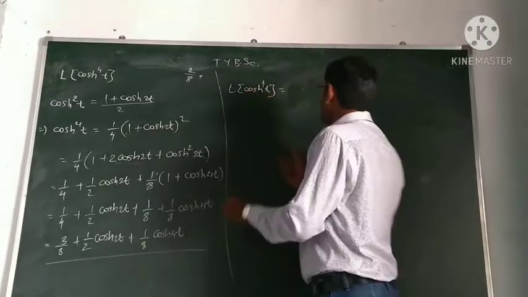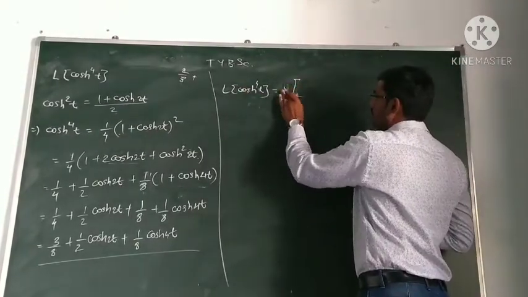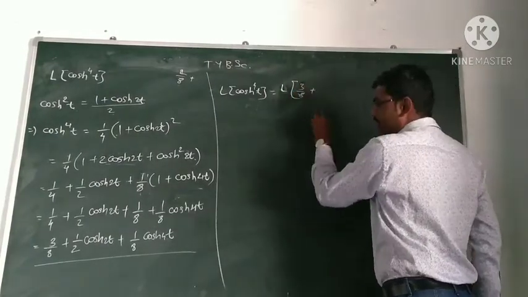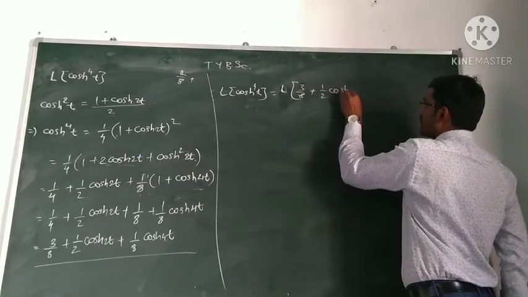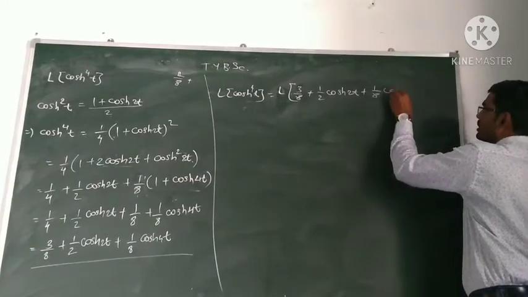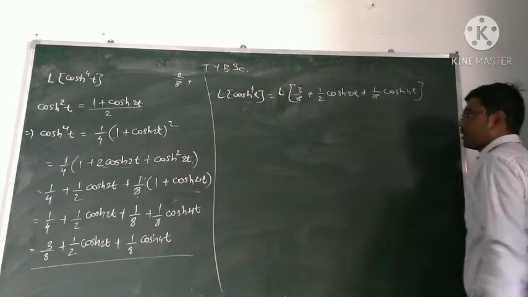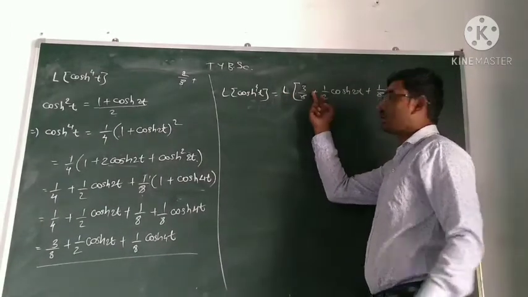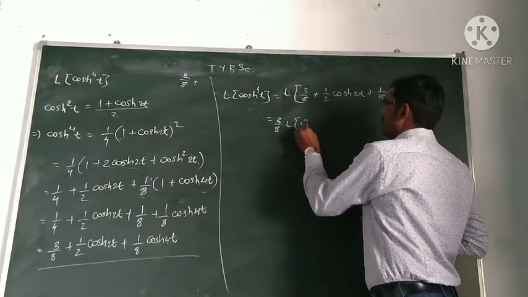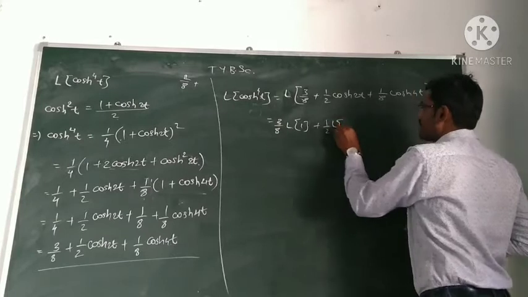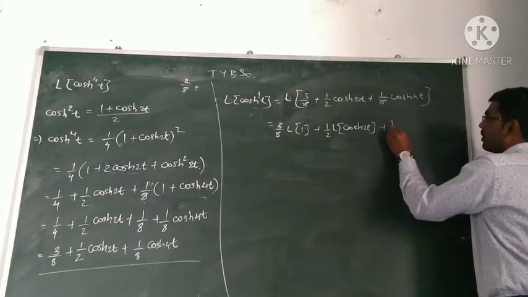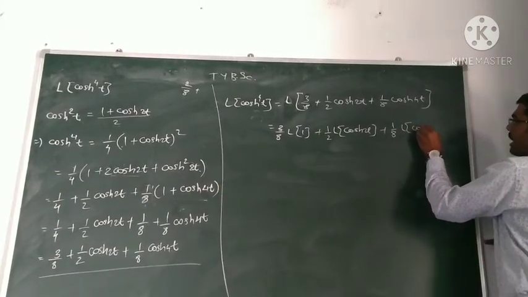The Laplace transform of this whole term, which is 3 by 8 plus 1 by 2 cosh 2t plus 1 by 8 cosh 4t. Now 3 by 8 is a constant, so this is equal to 3 by 8 into the Laplace transform of 1, plus 1 by 2 as it is into the Laplace transform of cosh 2t, plus 1 by 8 as it is into the Laplace transform of cosh 4t.